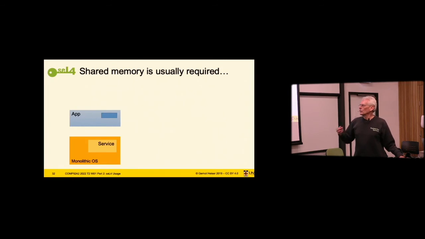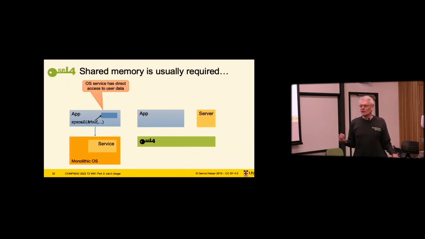And if a user does a syscall, for example, a read or write from a file, then it just gives the kernel a pointer to a buffer, and the kernel has access to all memory, so it just goes there and resolves the buffer address in the user's address space, and then goes to the physical memory or goes through the virtual memory, whatever, right? You have naturally shared memory between the client and the operating system. In your case, that's not the case, and you need to set it up explicitly.